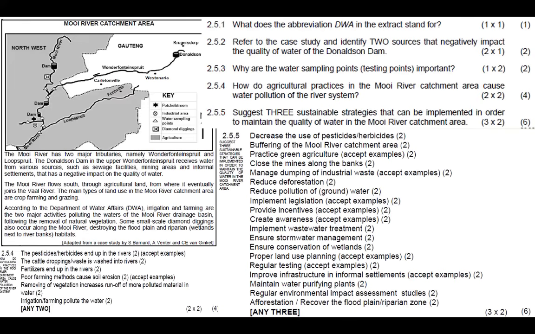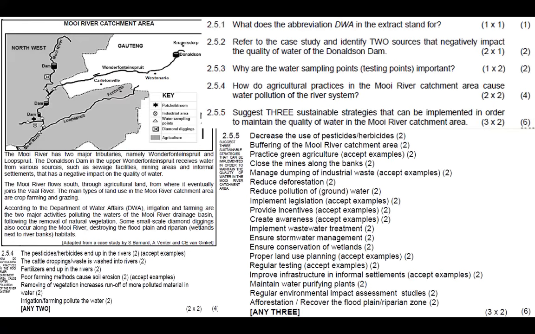Depending on other strategies, one of the strategies to protect the rivers is buffering, whereby you build boundaries to stop people from accessing the river. You can also make legislation. One of the things that you can do in order to solve problems is legislate. You can make laws.